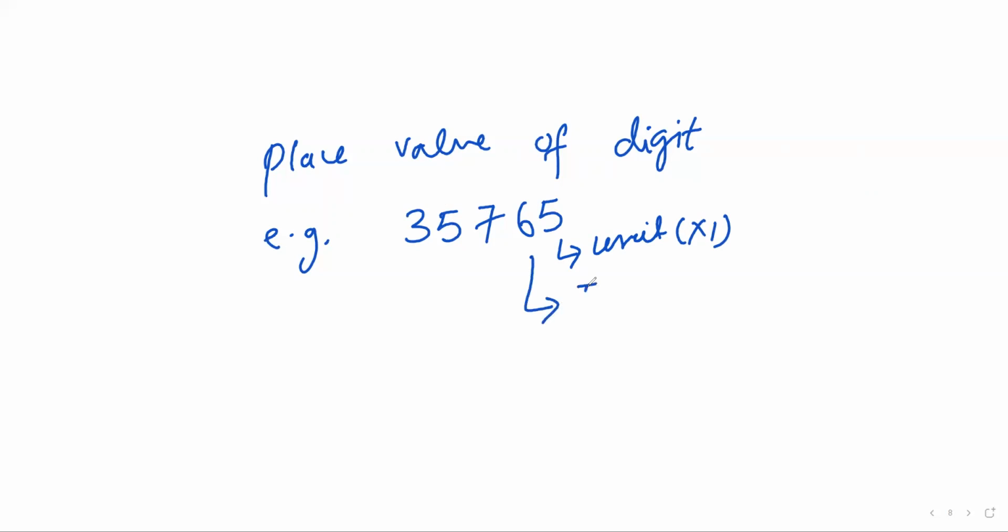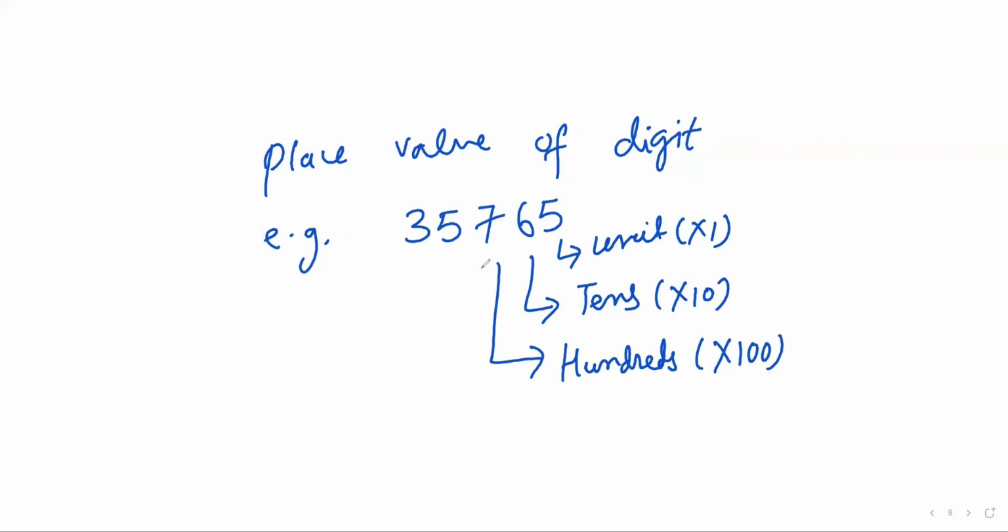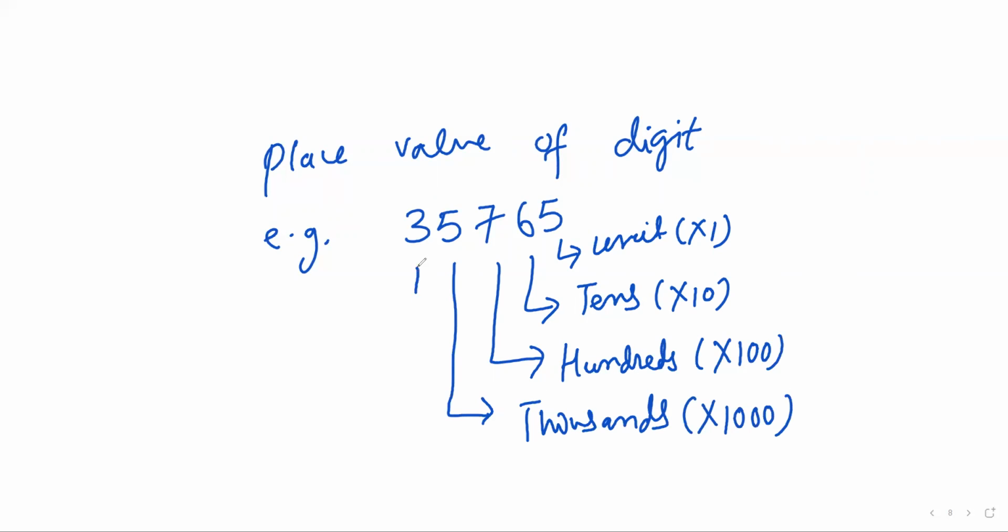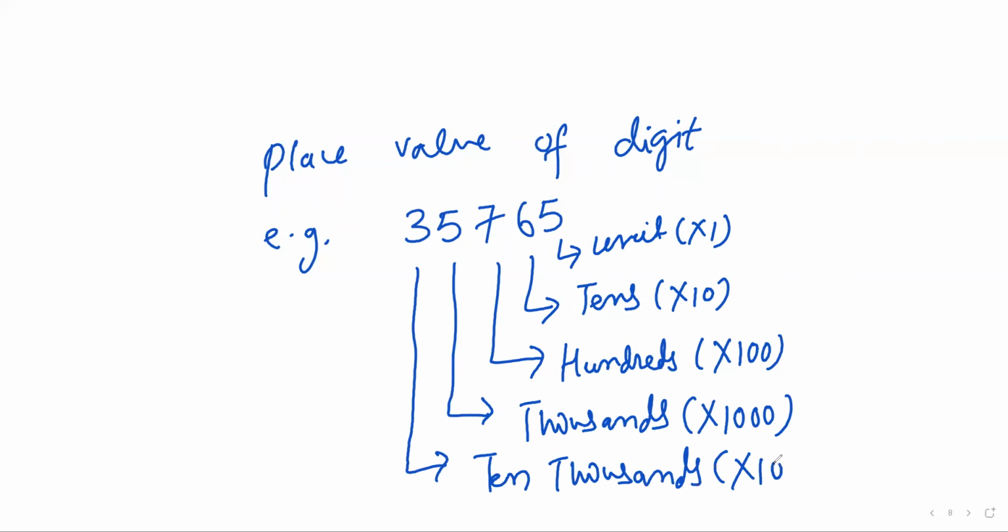This 6 is placed at tens place, so multiply it by 10. This 7 is placed at 100 place, so multiply it by 100. This 5 is placed at 1000 place, so multiply it by 1000. And here 3 is placed at 10,000 place, so multiply it by 10,000.